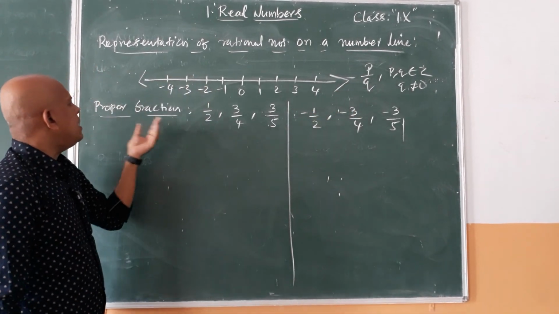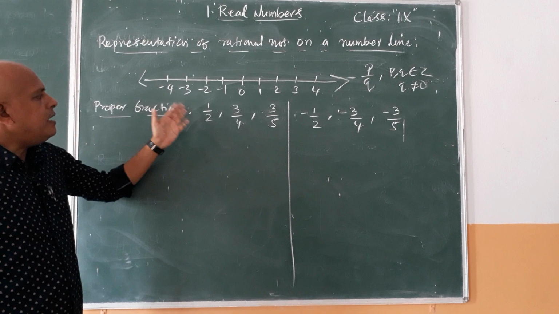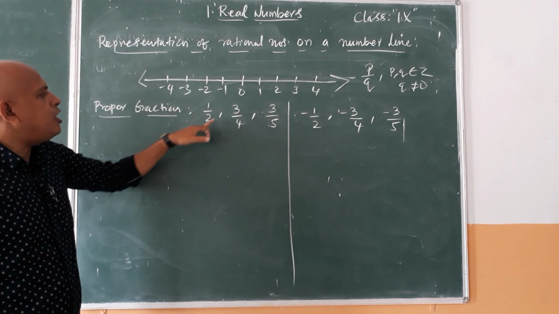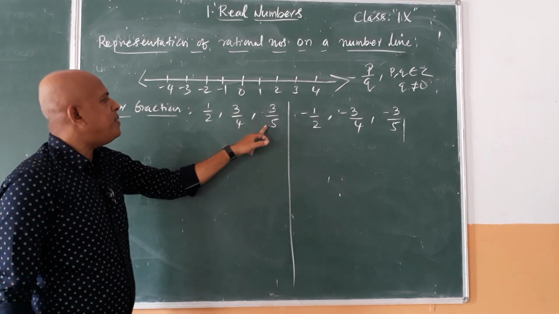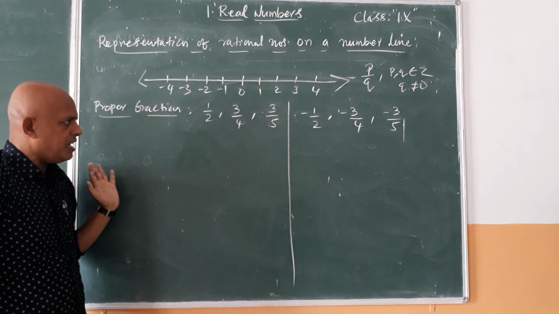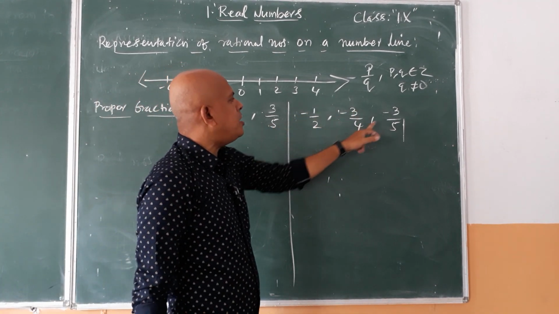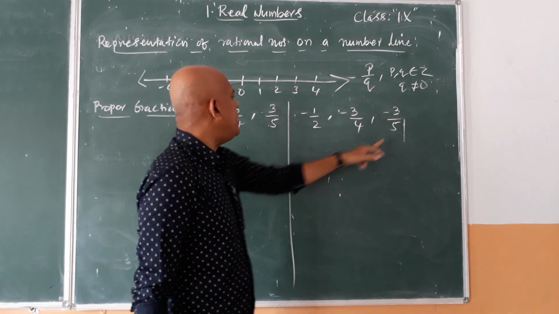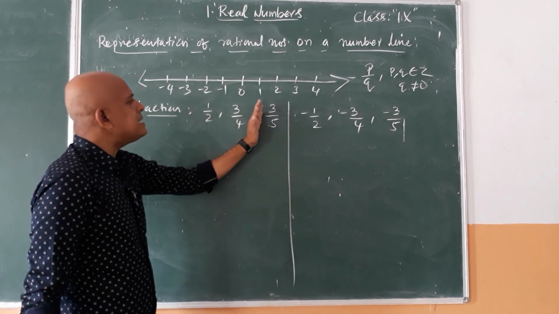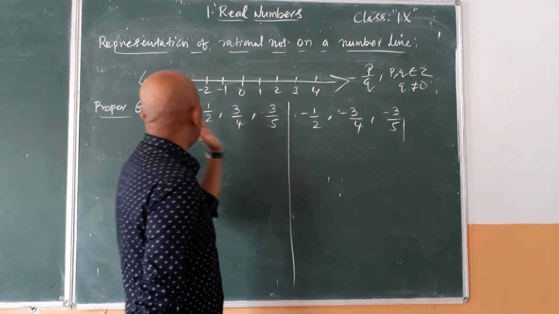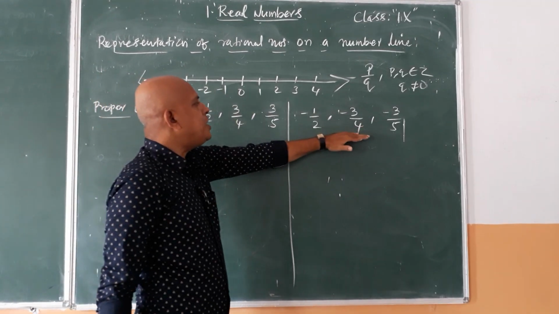When the numerator is less than the denominator, we call it a proper fraction. Here also the numerator is less than the denominator, but here we have positive numbers and here negative numbers. These are positive rational numbers, and these are negative rational numbers.